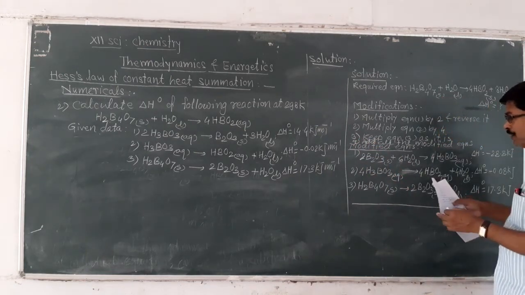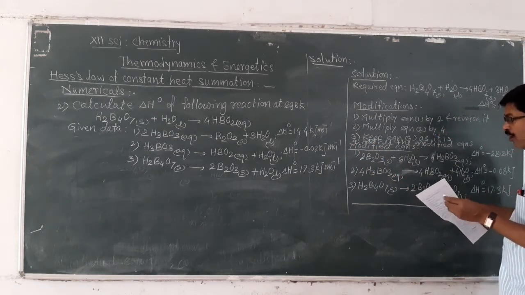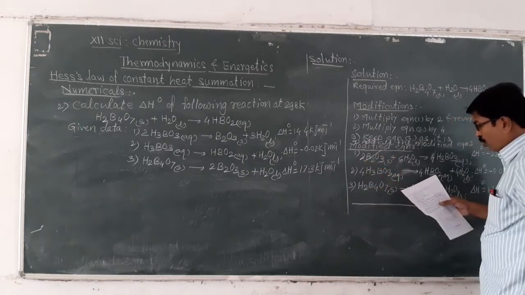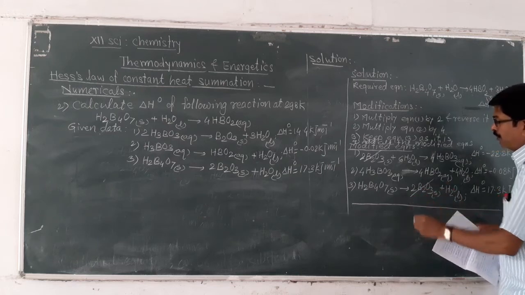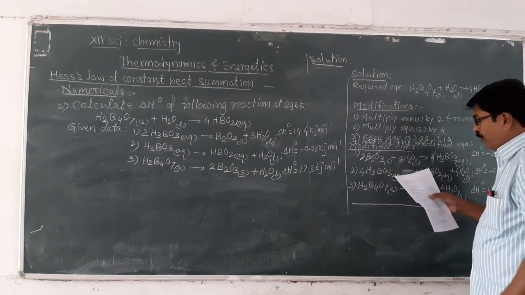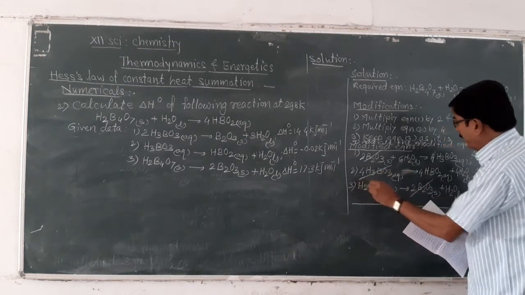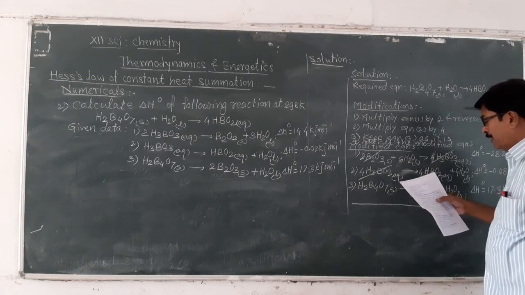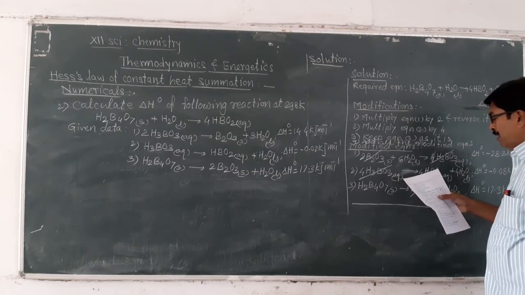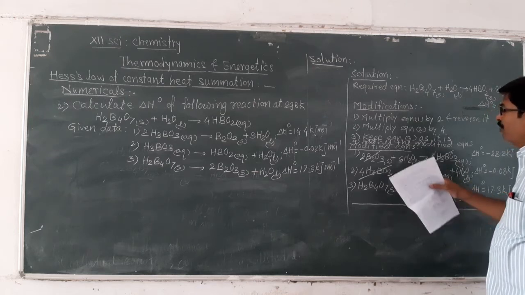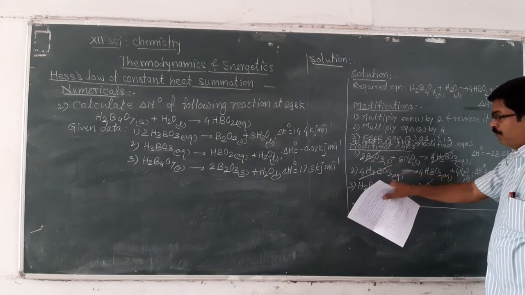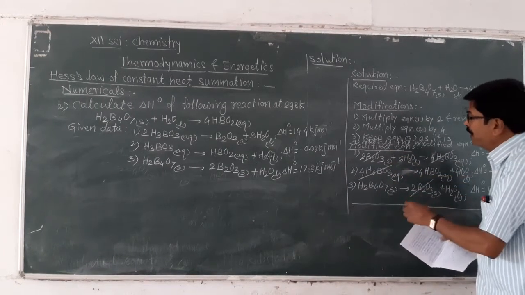After modification, see what happens. 2B2O3 cancels with 2B2O3. 4H3BO3 cancels with 4H3BO3. In this way, we have cancelled some species, and what is left behind?